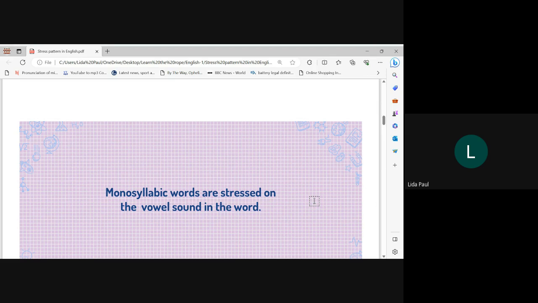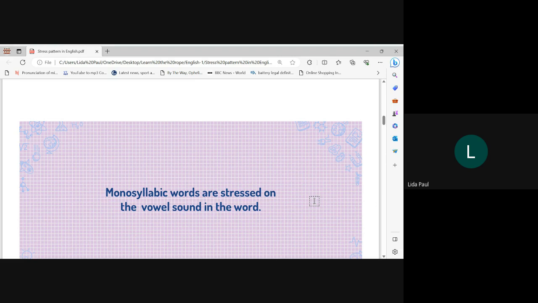When you talk about stress in a word, understand that stress is the property of a syllable. It is not the property of a sound. It is not the property of the whole word, but stress is mostly the property of a syllable. What does that mean? If a word has more than one syllable, then the stress of the word has to fall on one of the syllables involved in that word.